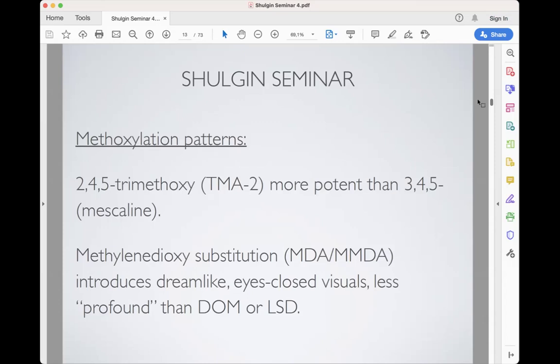You can get the amphetamine type effect with the alpha substitution being the main character there. And then you can get this third kind of pathogenic and tectogenic effect, usually with this methylene dioxy bridge. That'd be your MDMA, MMDAs, all those. These are your three poles of the effects you can get with this basic structure.